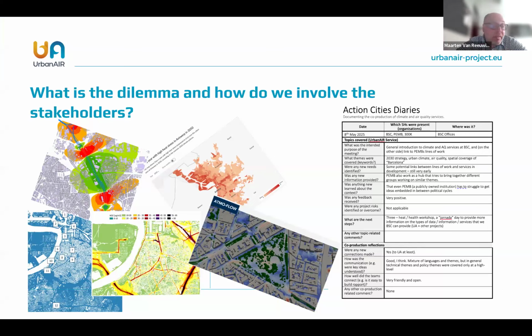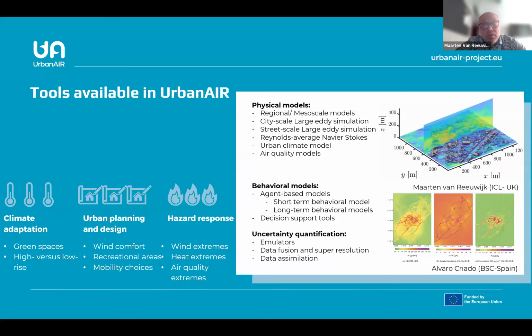One of the interesting things, for example, is that if you speak to Barcelona, they're more interested in air quality digital twins, whereas the city of Antwerp is more interested in heat resilience.